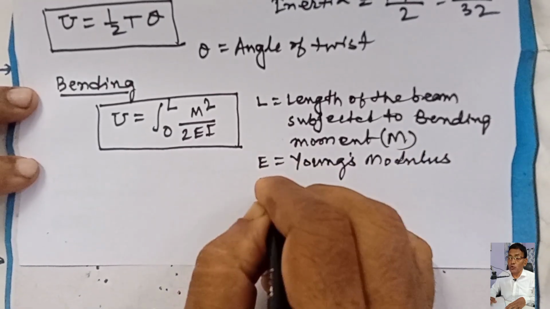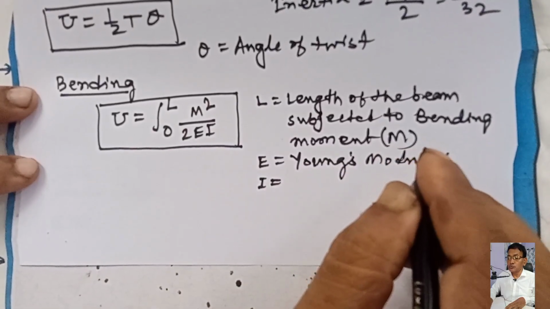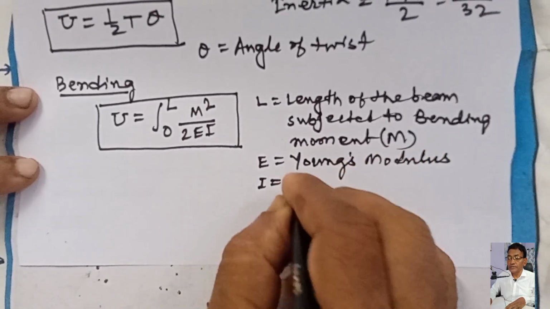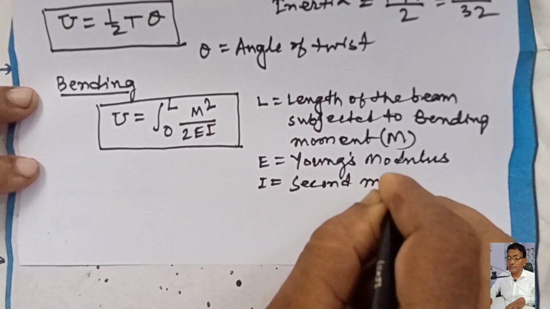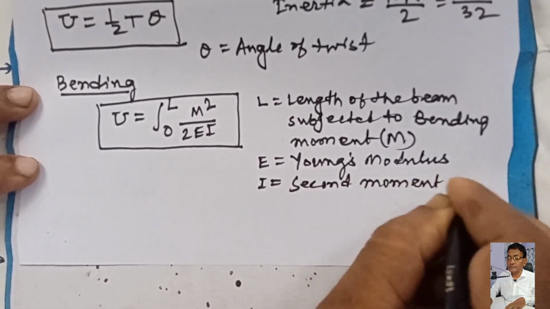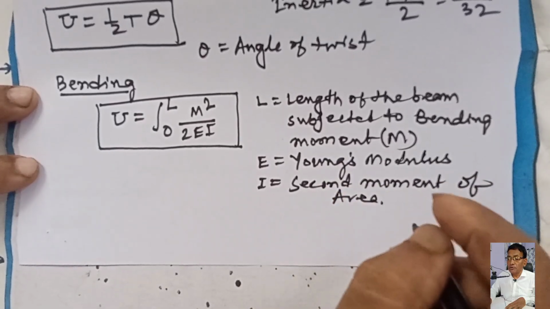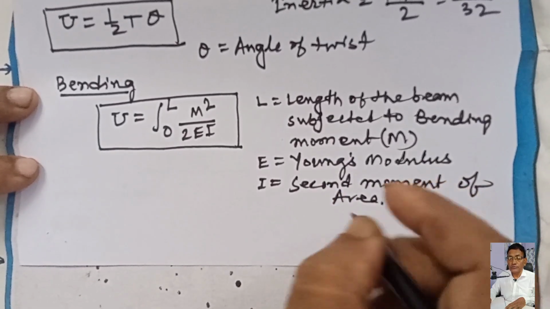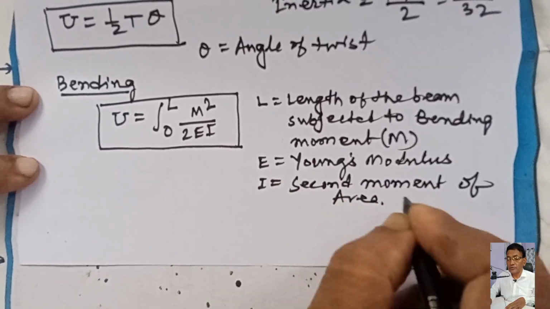And I is second moment of area, or this is called area moment of inertia.